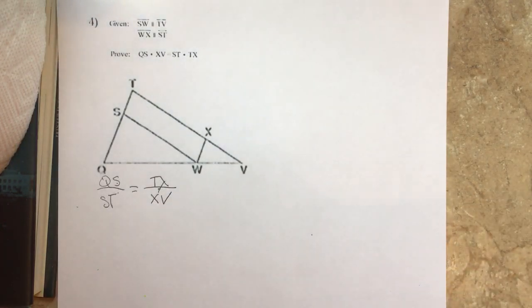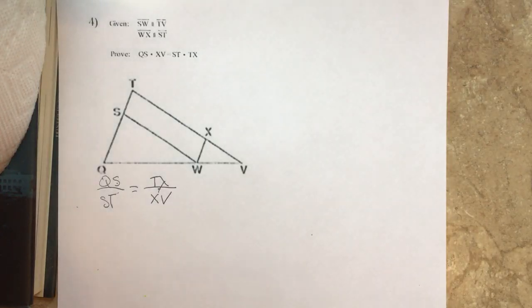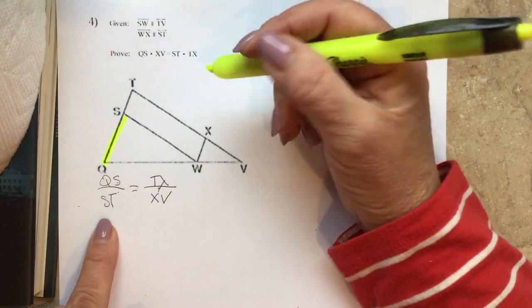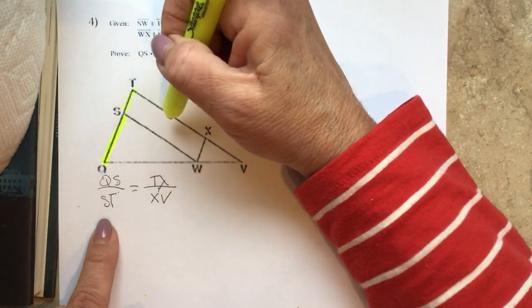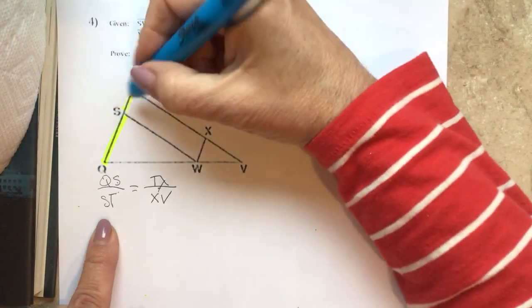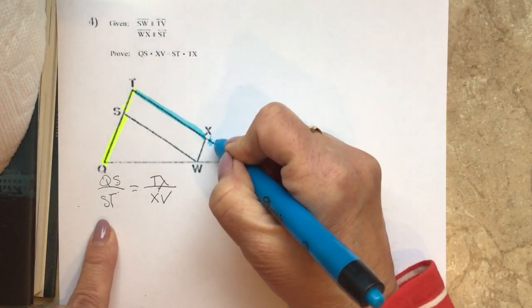Oh, hold on. I just want to get this out so I stay organized with how I'm doing this with you. Okay. All right, so if I mark it with my highlighters, I have QS and ST. Well, that's disturbing because it's not part of a triangle. But let's see what happens, all right? TX is to XV.